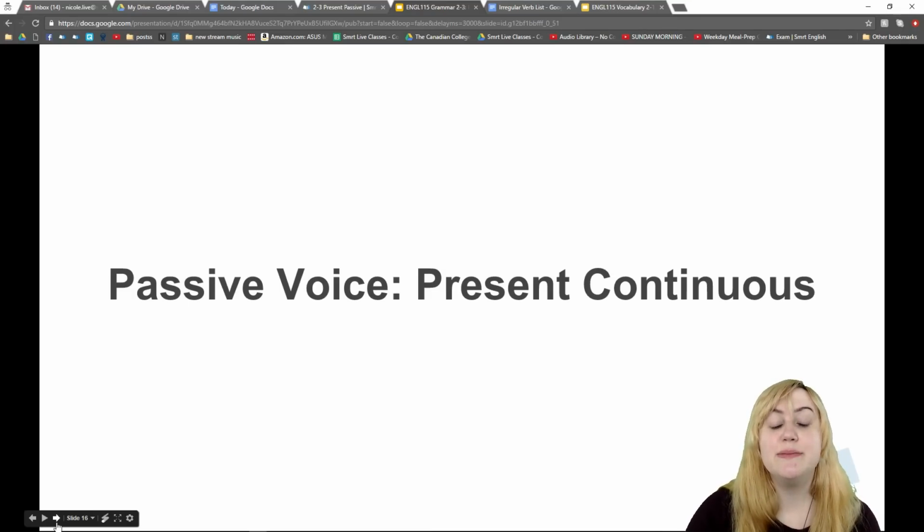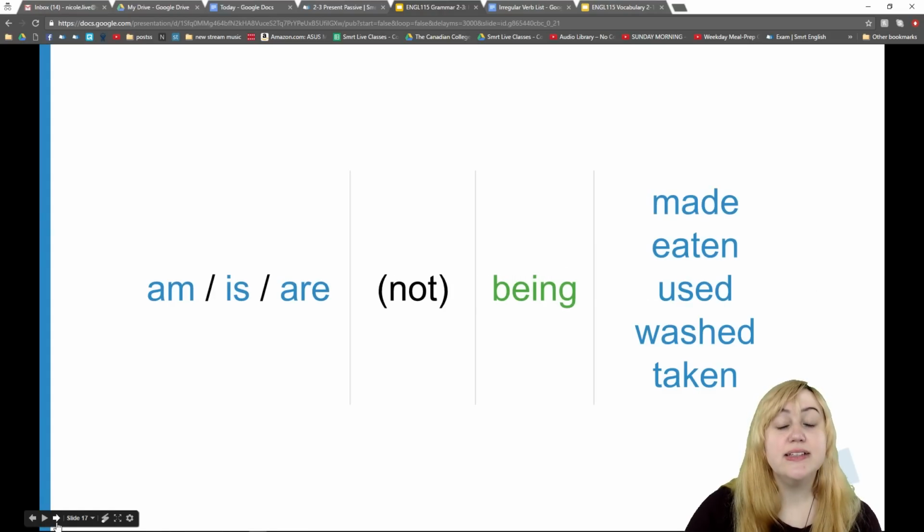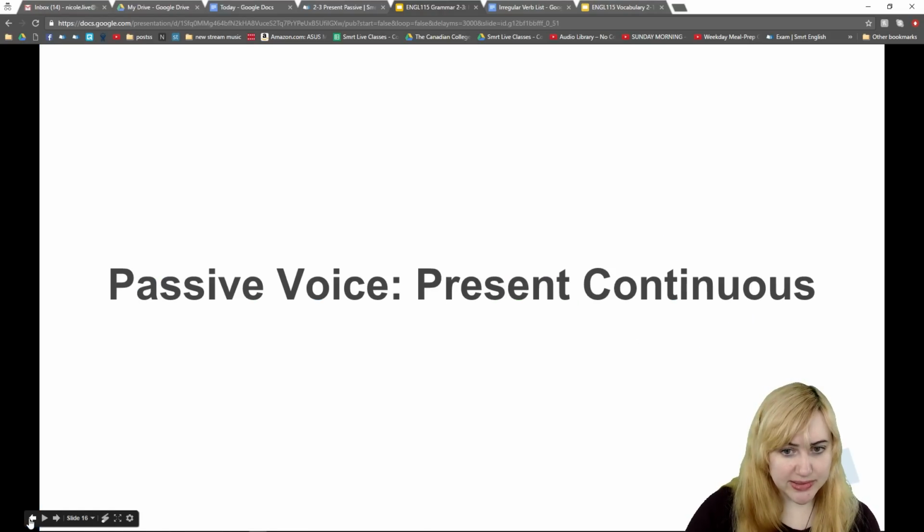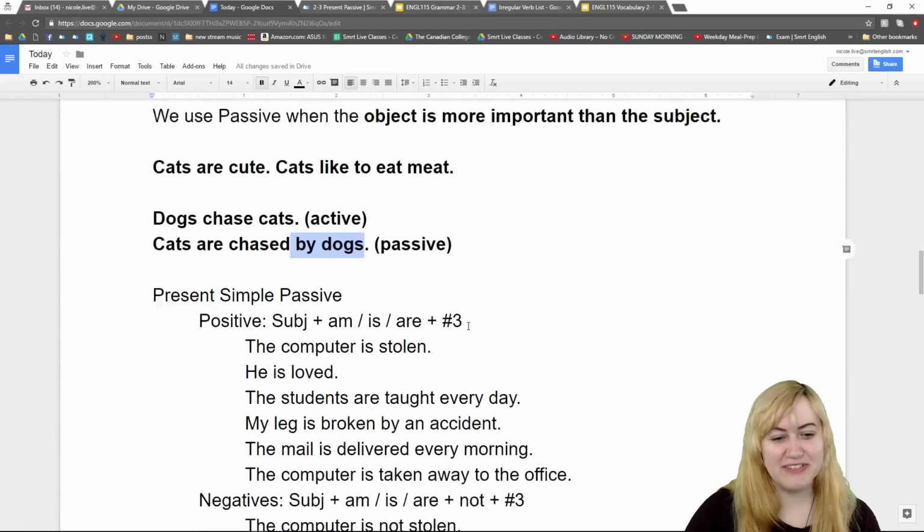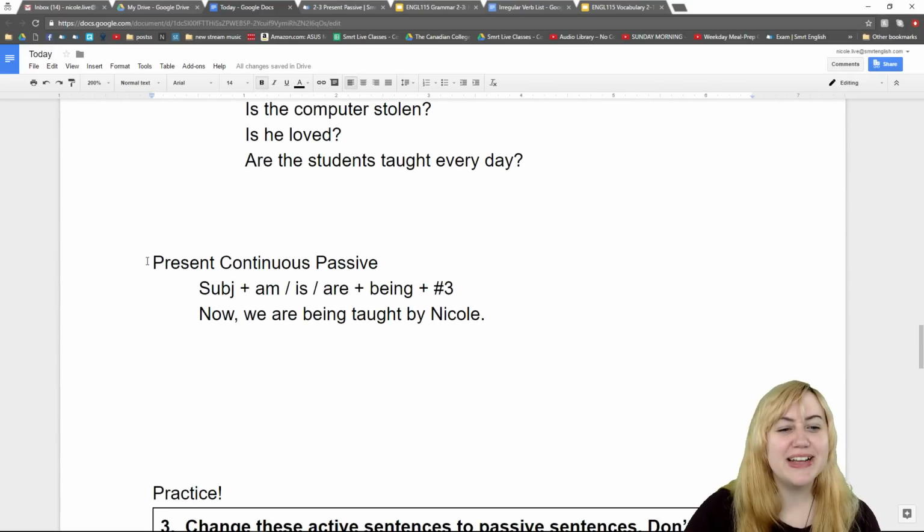So here is passive voice for present continuous. Okay. So here, why does it start with the negative? That's kind of weird. So luckily I wrote that in my notes already. Okay. So we have present continuous passive.